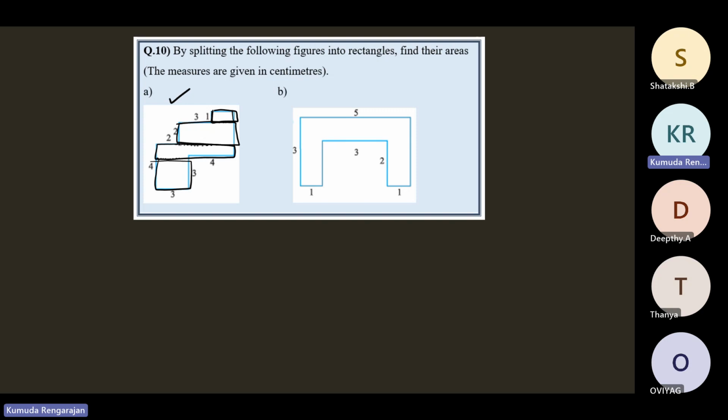By using line segments, by closing the figures, some figures are open. So by closing the figures using line segments, we have divided this plane figure into 4 rectangles.